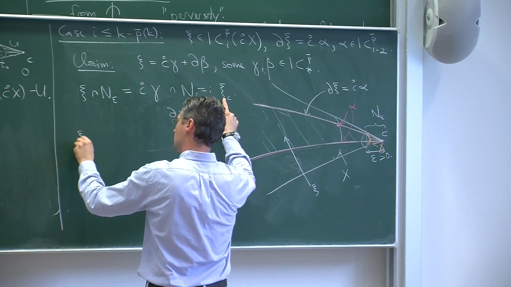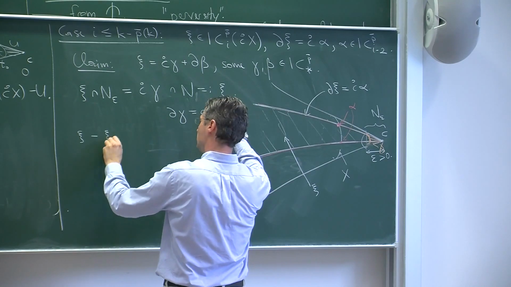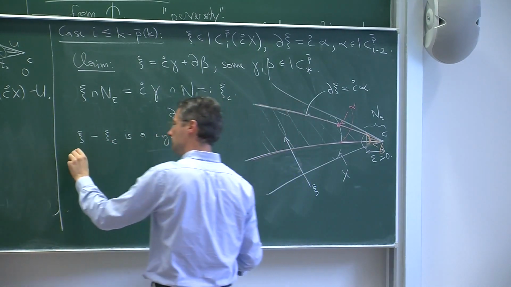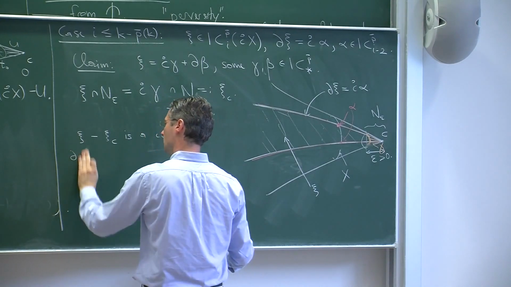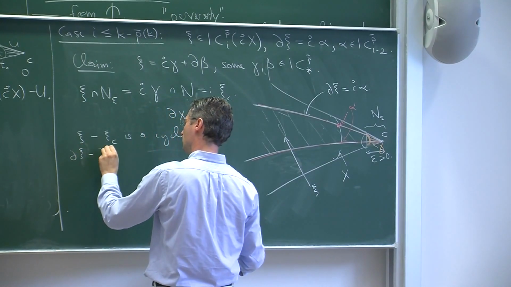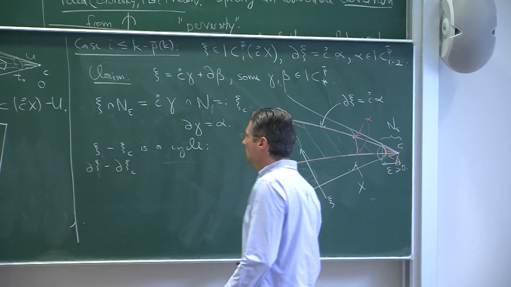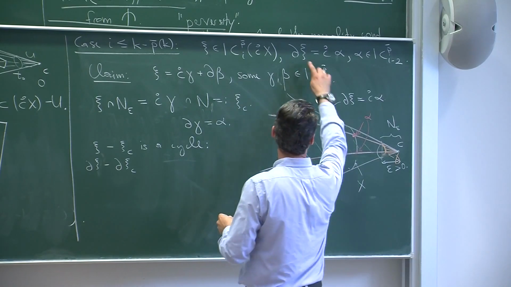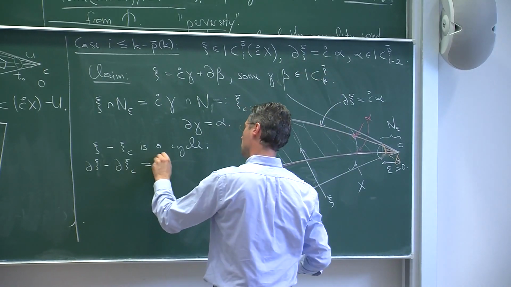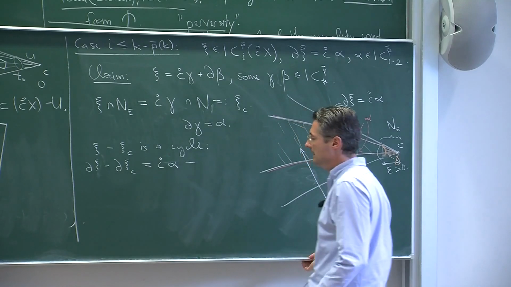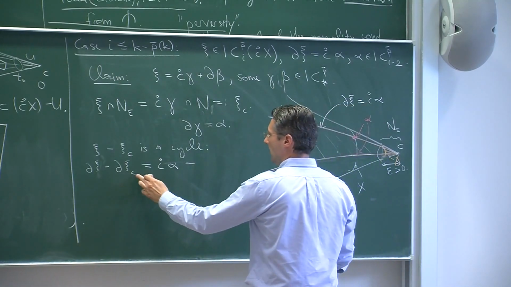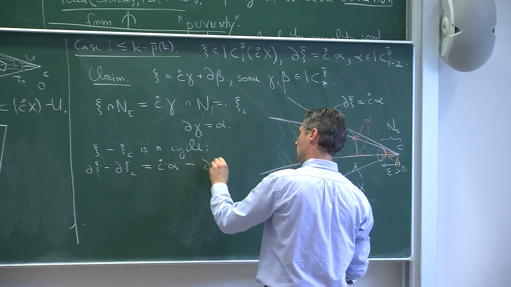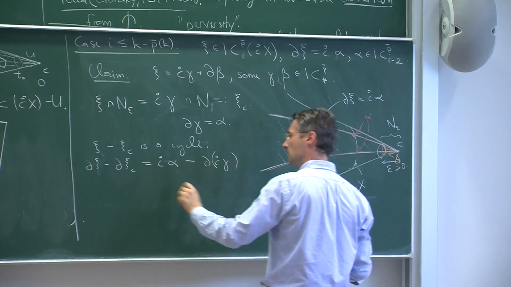Now I consider the difference. The rest, I claim, is a cycle. Why is it a cycle? If I compute its boundary, the boundary of Xi is the cone on this alpha, and near the cone point, the chain looks like the cone on gamma.